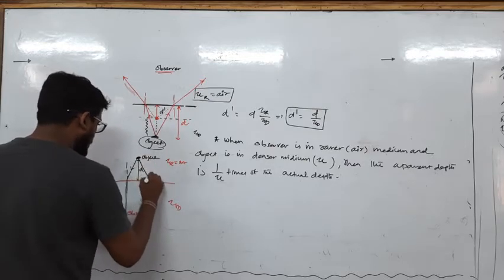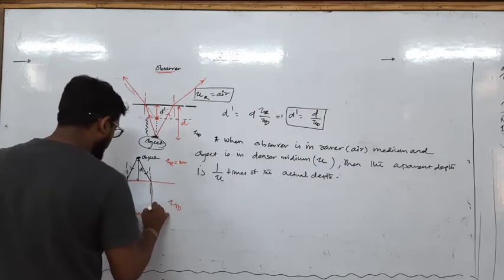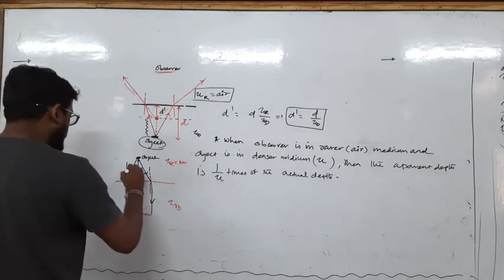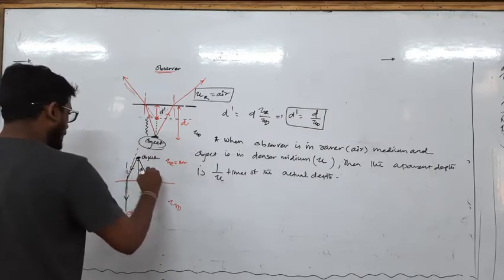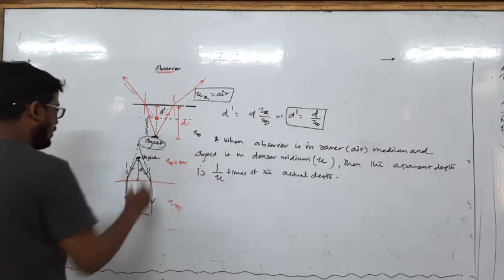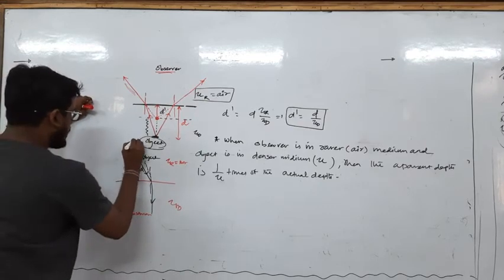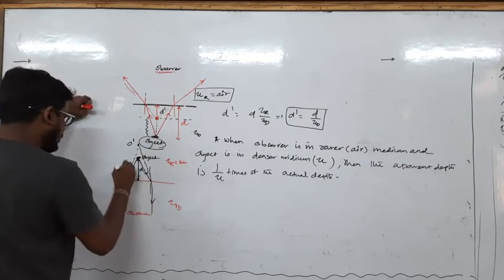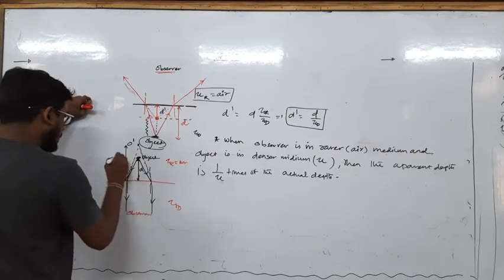Here light comes like this, and after refraction it bends towards the normal and goes like this. If I extend these, they meet here. So the object will be observed at this place, O dash. If this is the actual depth d, the apparent depth will be this much, d dash.